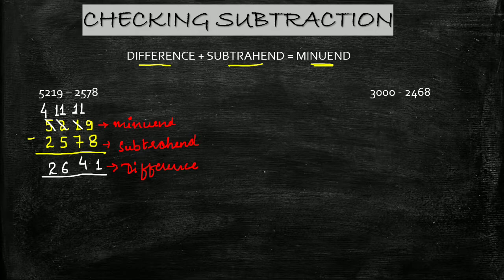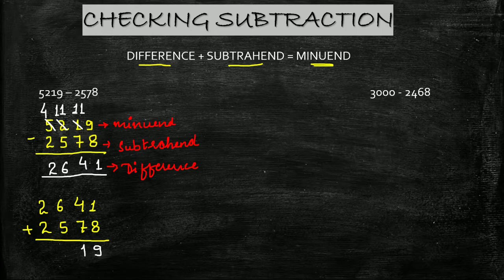So let us check this subtraction sum. Difference is 2641. Subtrahend is 2578. We have to add them. So after adding, 8 plus 1, we'll get 9. 4 plus 7 will be equal to 11.